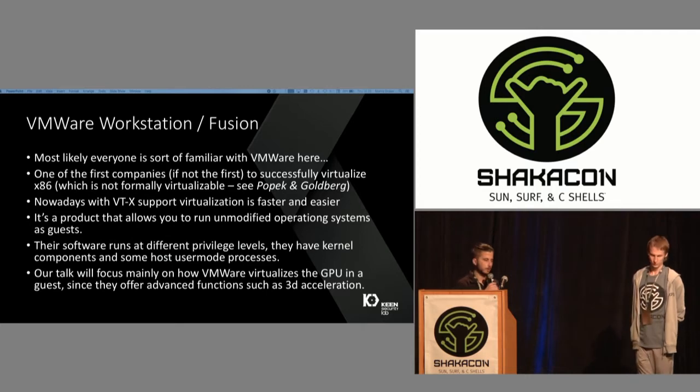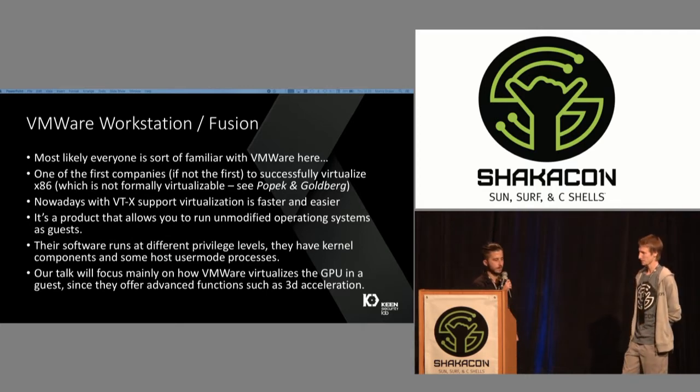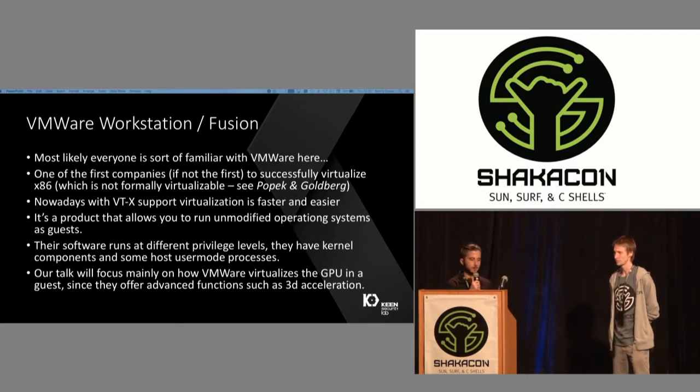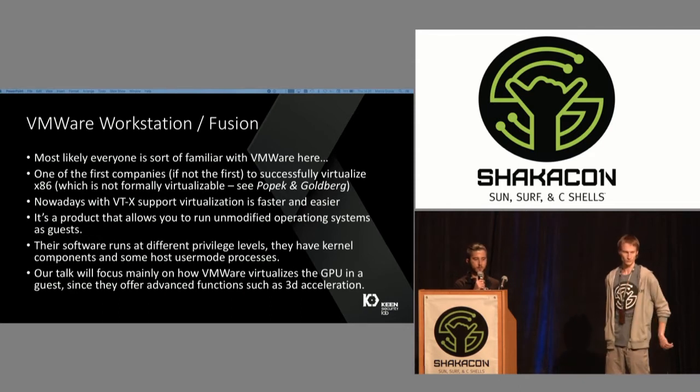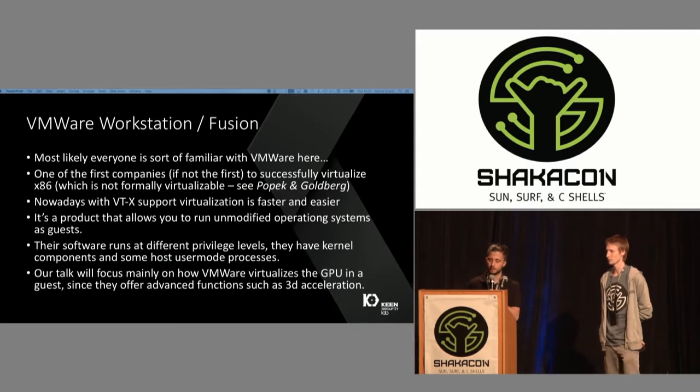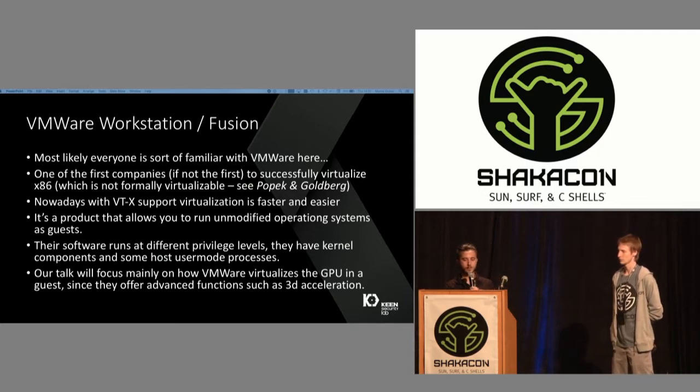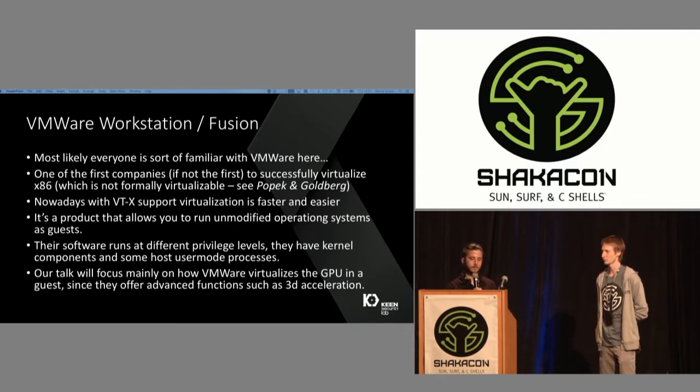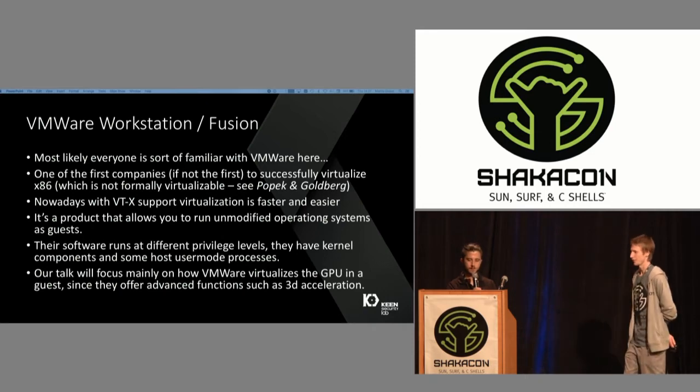So in our talk, since the main topic is graphics, we will focus on how VMware virtualizes the GPU, the graphics processing unit, and how they offer advanced functionality such as 3D acceleration, and how we can fuzz them and find bugs in this code.